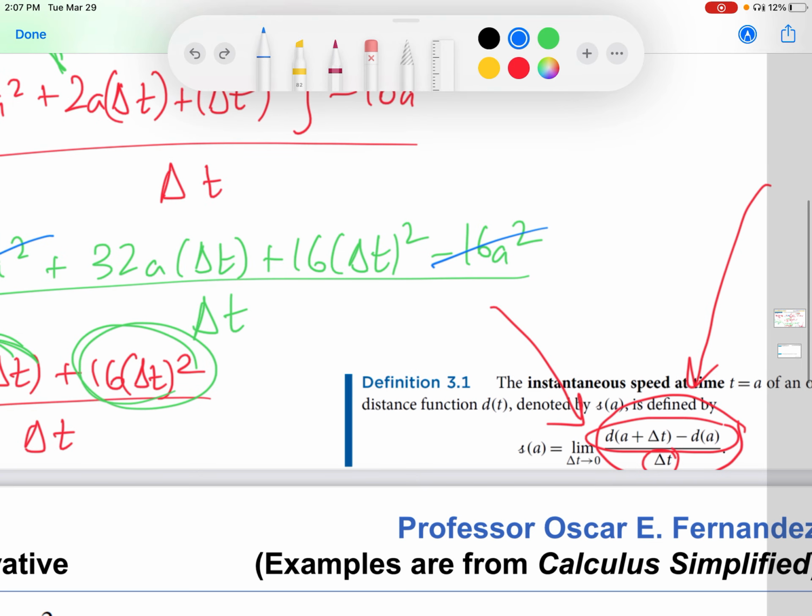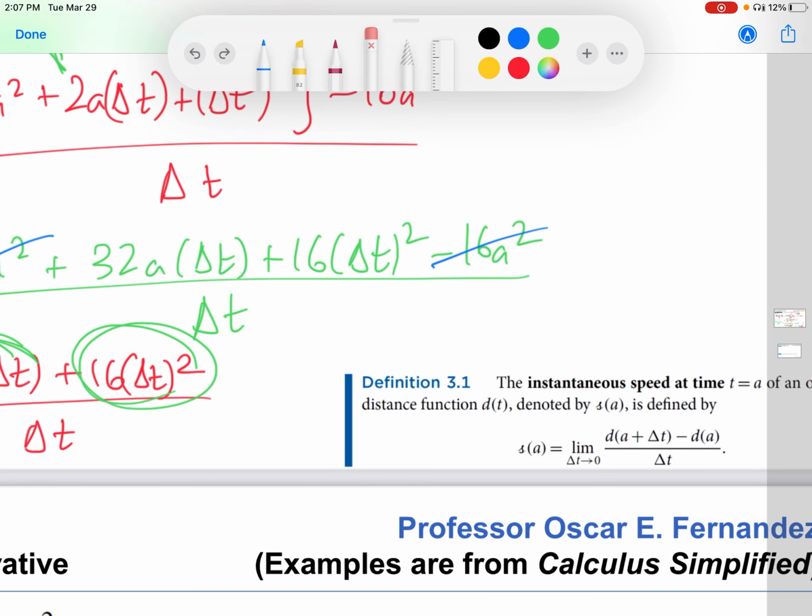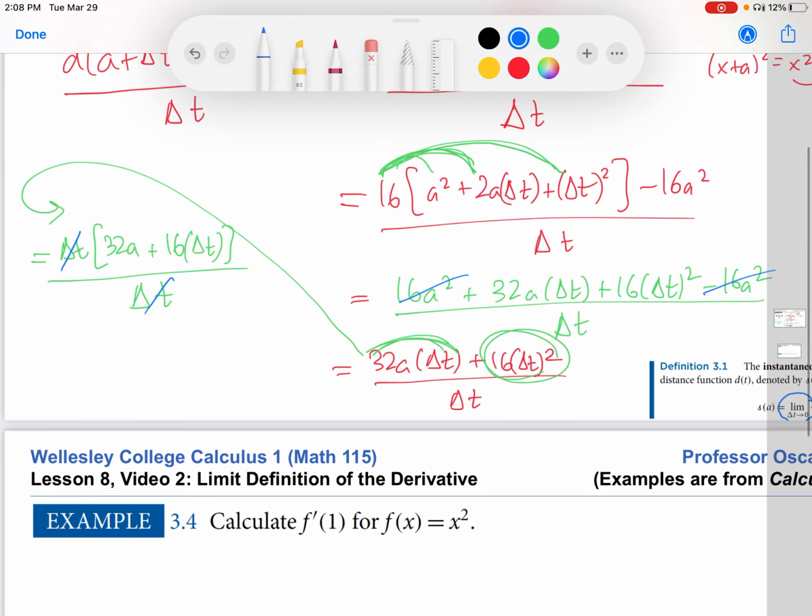And that's totally okay, because if we go back to the original definition of instantaneous speed, I am taking the limit as delta t goes to 0. Okay, so delta t is not becoming 0, right? Limits approach indefinitely but never arrive. So I'm in okay shape to claim that for our purposes, this quotient simplifies to that, which does not have a denominator of delta t anymore.